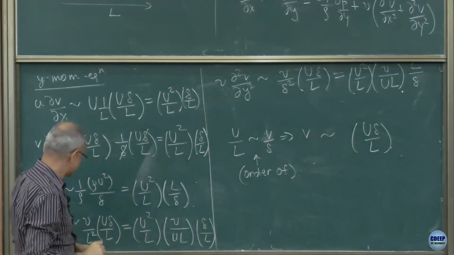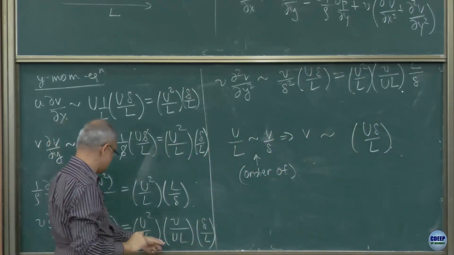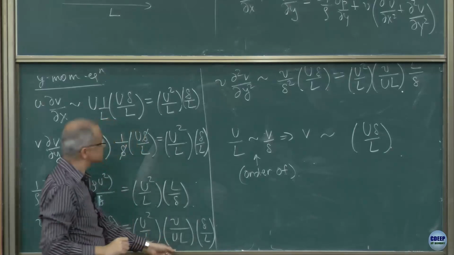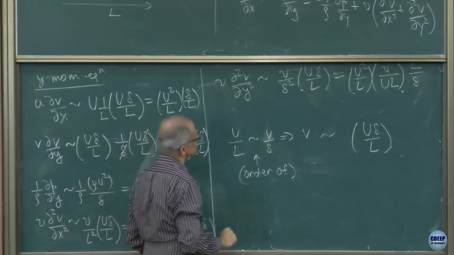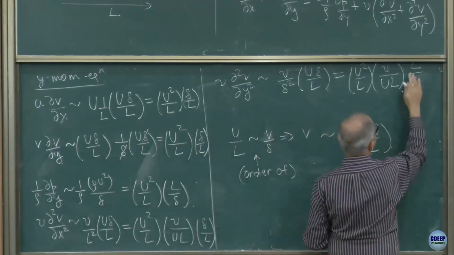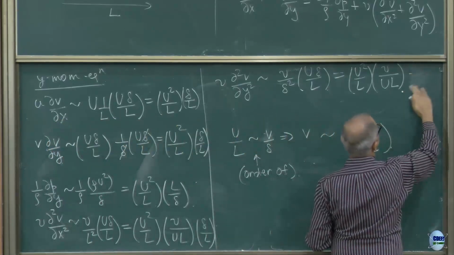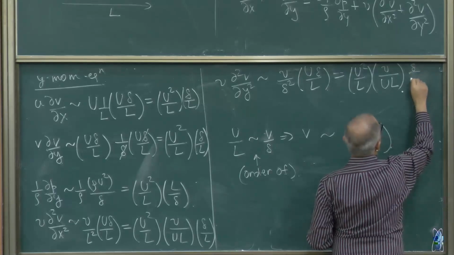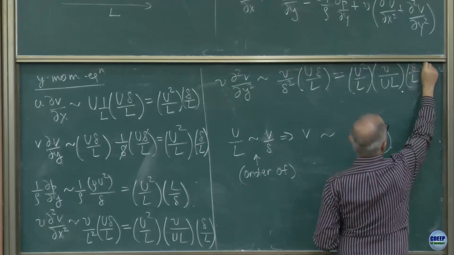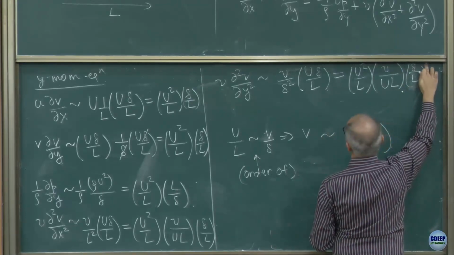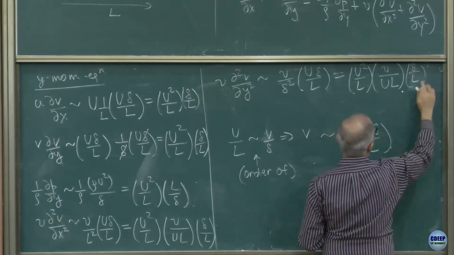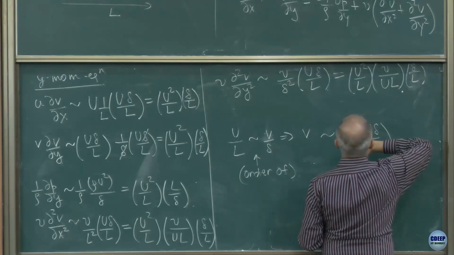Have we done things correctly? Is this correct, first of all? If this is correct, then this should be equal to delta by L cubed. Is it? Let us see, if I write this, then it's only delta by L. One delta is cancelling out.